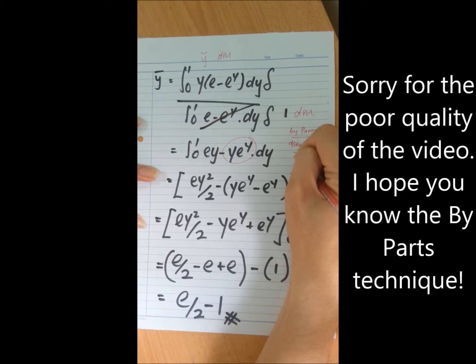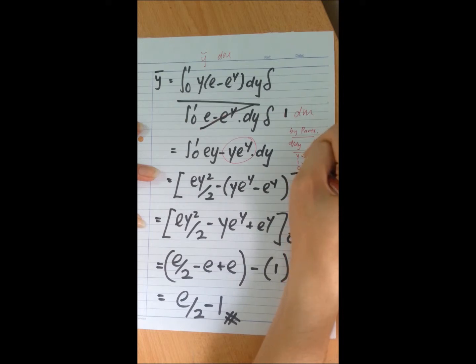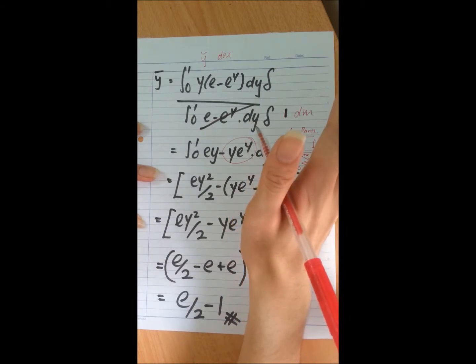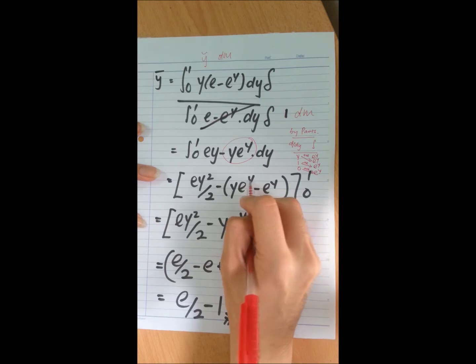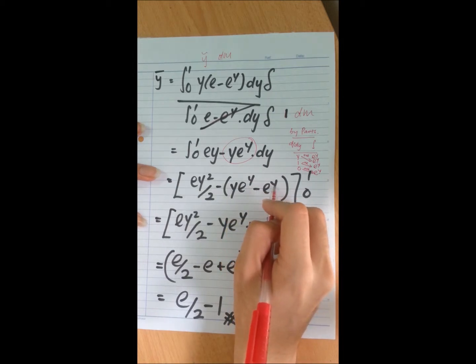It will be y, then you get a 1 and a 0, and e to the y, e to the y. It goes down like this: positive here, negative here, positive here. I really hope you remember your integrating skills, and you end up with y e to the power of y minus e to the power of y.